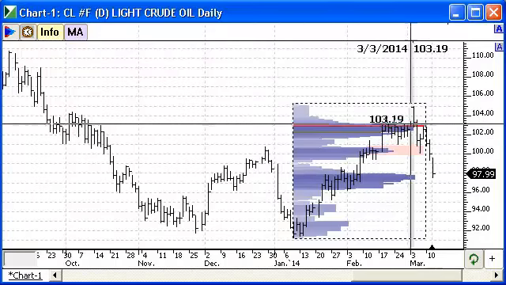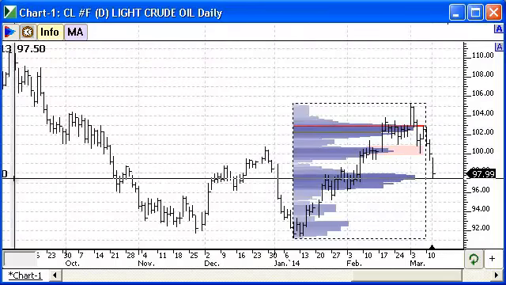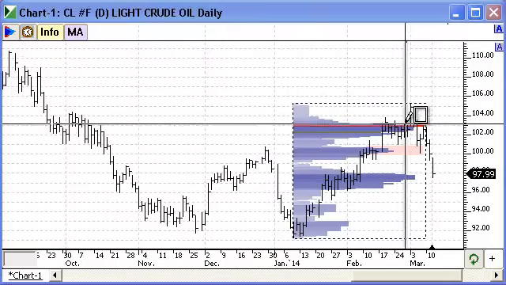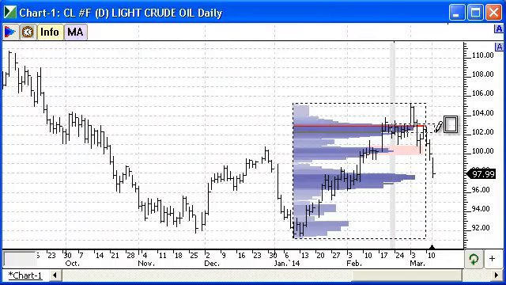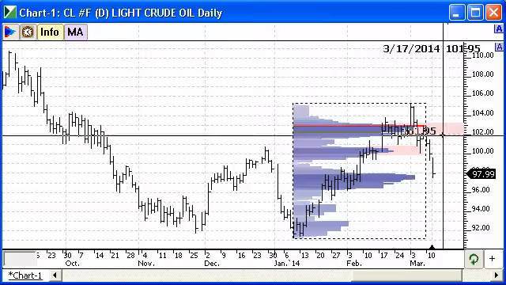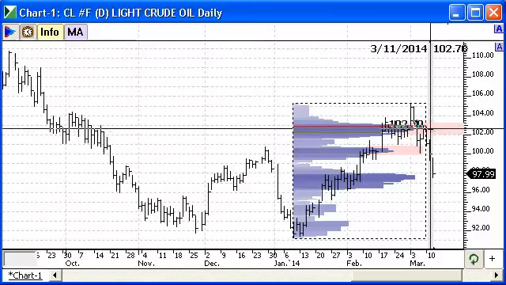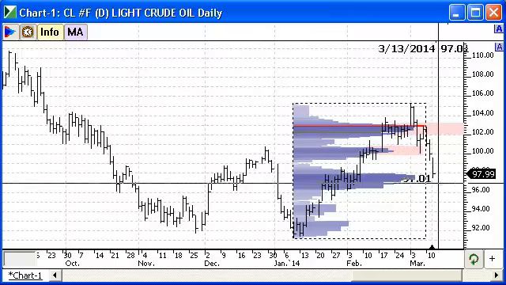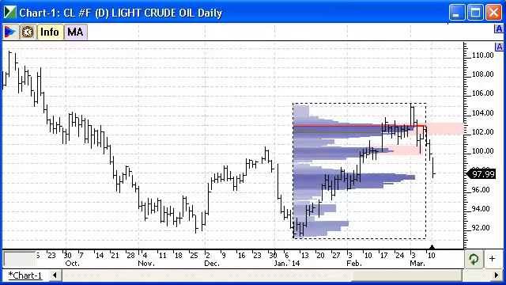It came back up and tested this area of high volume above that it just had fallen out of and found resistance.